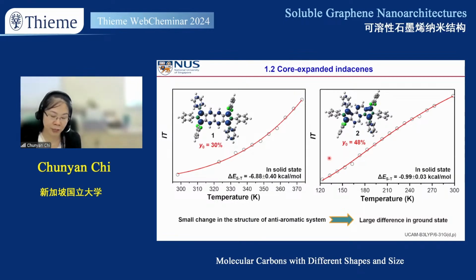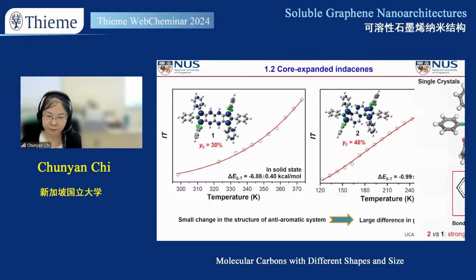So just now we know that for indacene, it has a closed shell ground state. We just insert one more benzene ring, then both molecules now have an open shell diradical ground state. A small change in the structure of an anti-aromatic system can cause a large difference in the ground state. So now we know why they are not stable, because they are anti-aromatic and they also have an open shell diradical ground state.